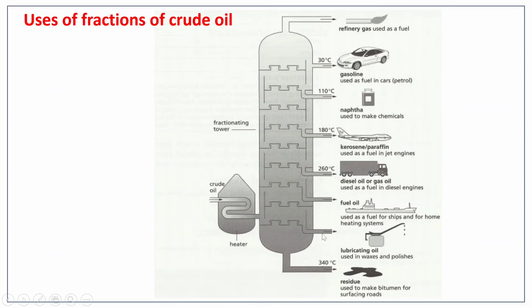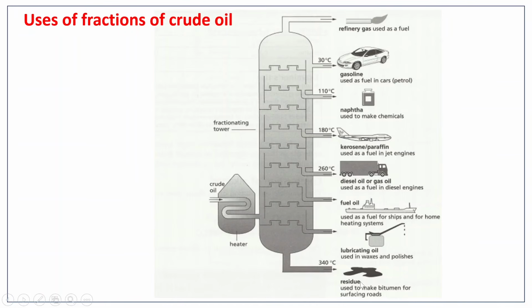Then the seventh one produced here is known as lubricating oil, which is used in waxes and polishes and also used in lubricating machine parts such as engines. Then the last one produced here is known as bitumen, even though we called it residue here.